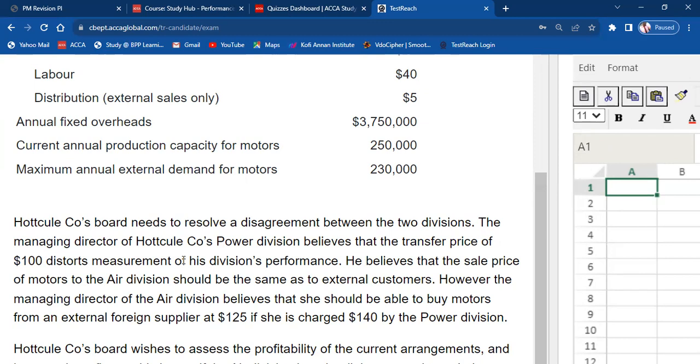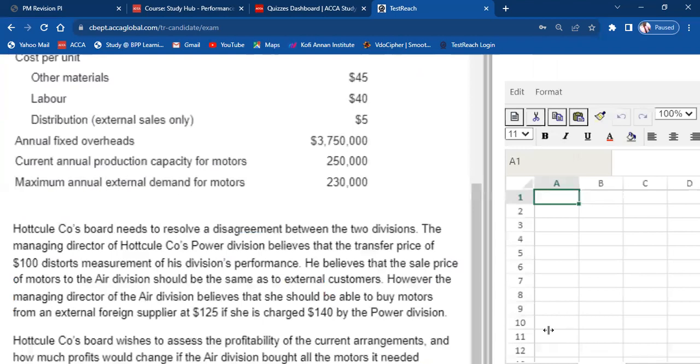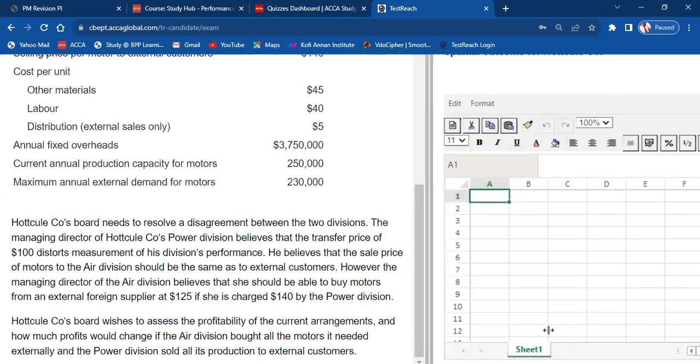However, the MD of the air division believes that she should be able to buy motors from an external foreign supplier at 125 if she is charged 140 by the power division. So if you insist on charging me 140, I have a foreign supplier who can deliver it to me at 125. The Hottcule board wishes to assess the profitability of the current arrangements and how much profits will change if the air division bought all the motors it needed externally and the power division sold all its production to external customers.